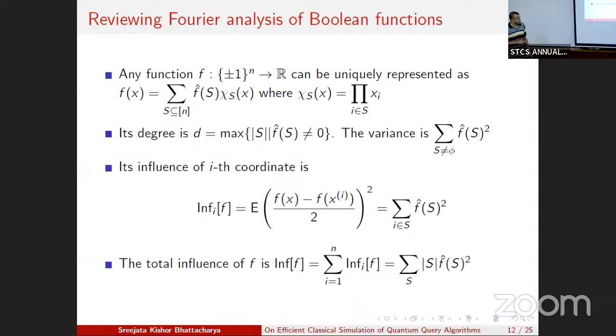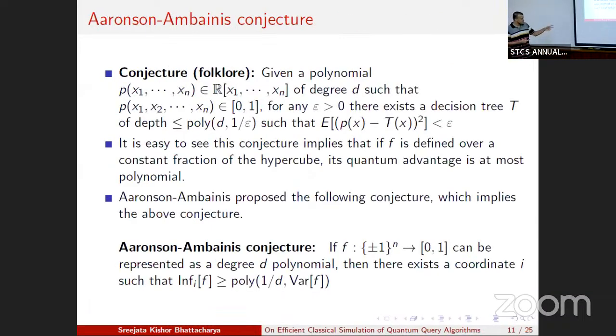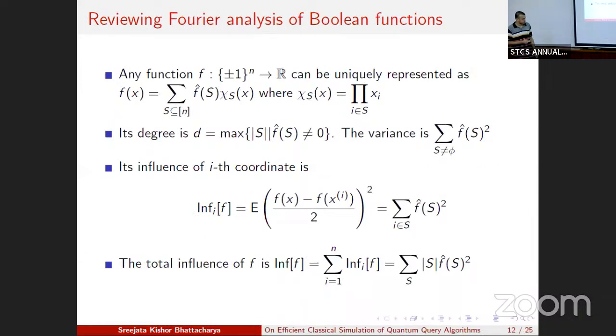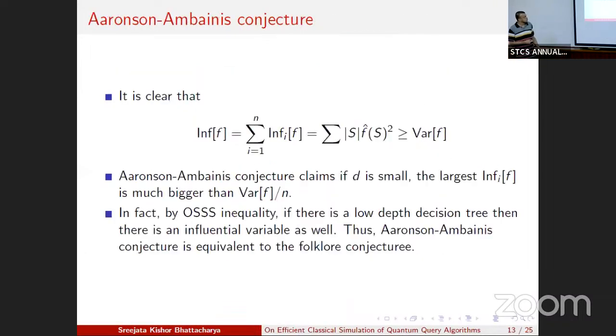So it's simply this. And what the Aaronson and Ambainis conjecture states is that if your function has low degree and high variance, then one of its coordinates must have a very high influence. If you look at this Fourier expression, it's clear that the total influence is at least the variance. There are other ways to see this also, like the Poincaré inequality.